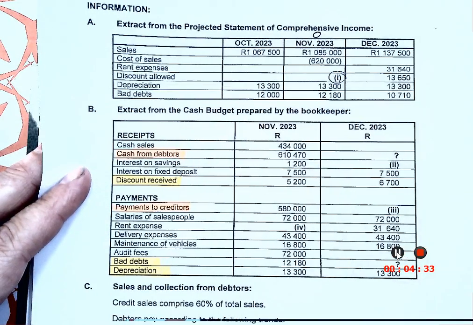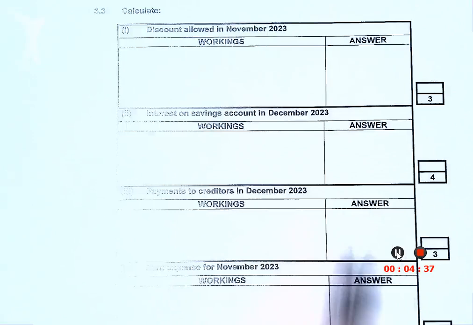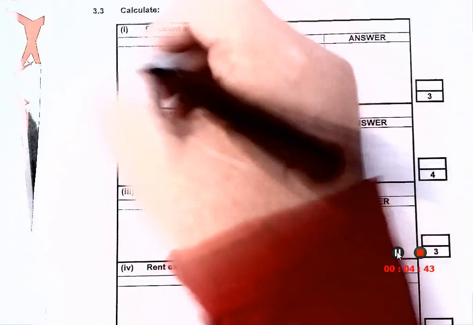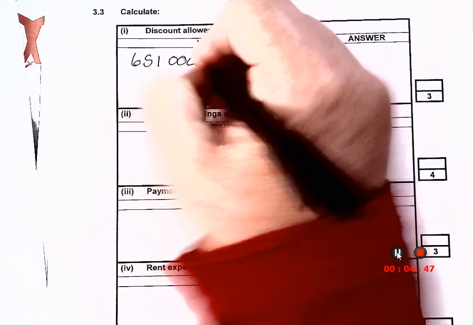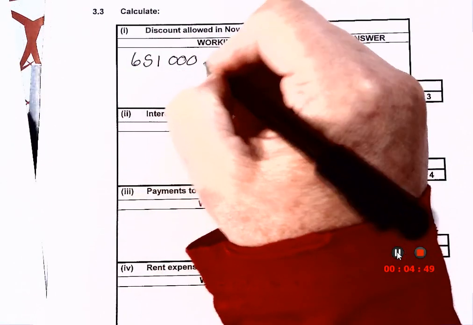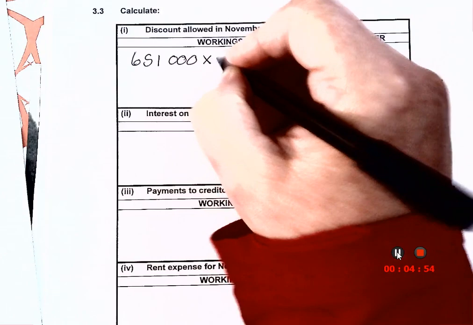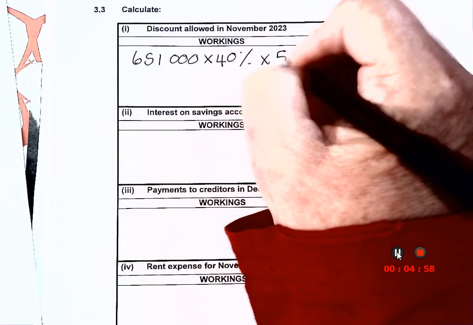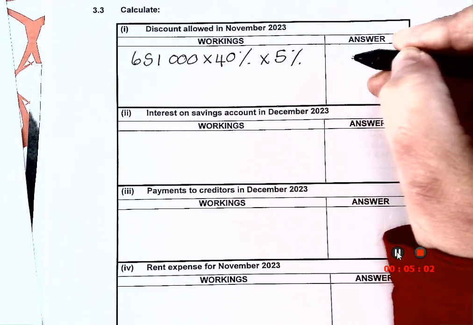You agree with me? So if I look at my table here, November the credit sales was 651,000. In month 0, how much percentage pays me? 40%. And the discount is 5%. So what's the discount? 32,020.